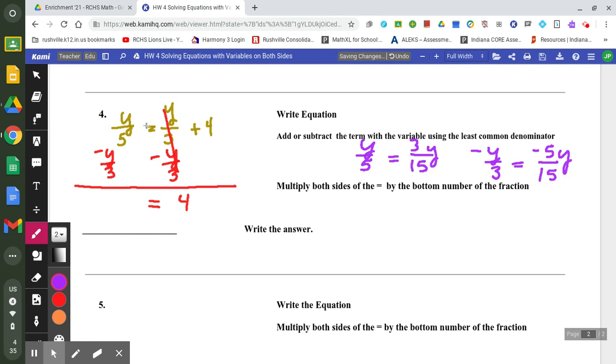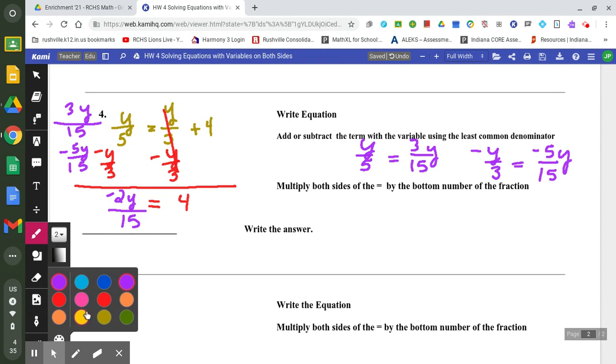So over here, I am doing 3y over 15 minus 5y over 15. And so that gives me negative 2y over 15 equals 4.